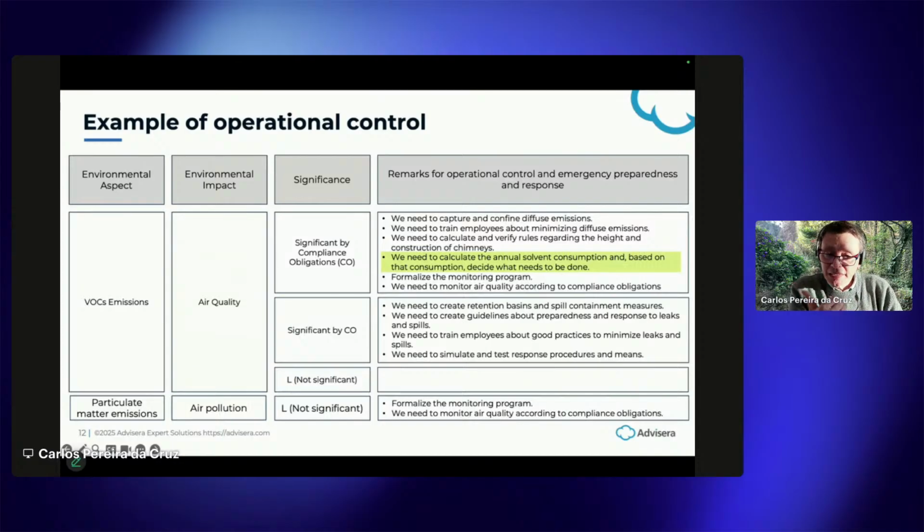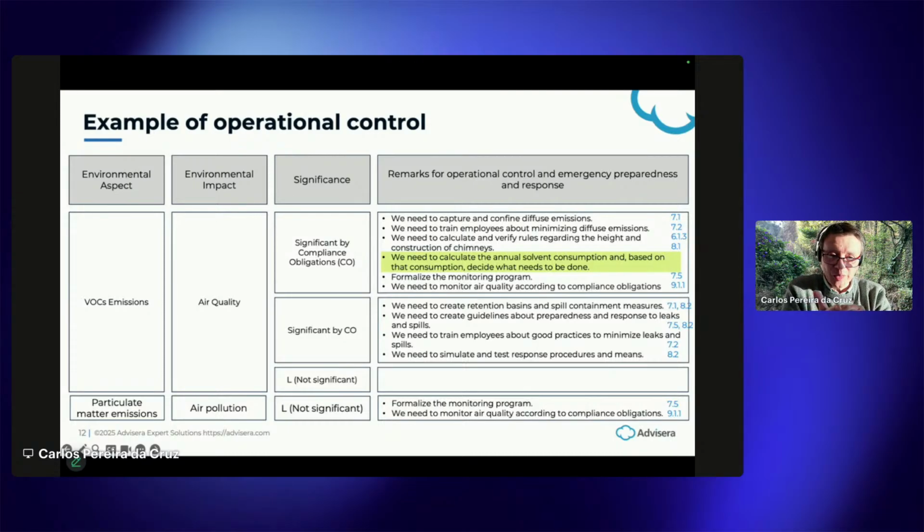Can you see what I'm doing here? I'm not breaking the company into pieces and putting them through the various clauses of the standard. I'm doing the exact opposite. I'm focused on improving the environmental performance because I'm focused on significance.